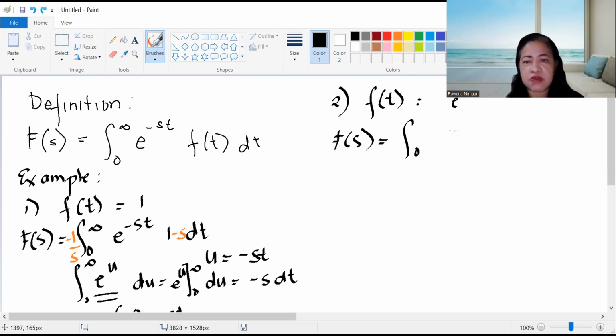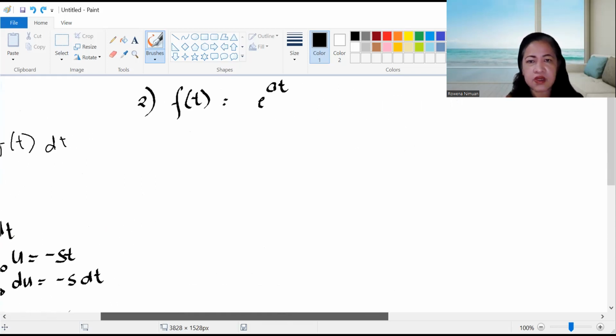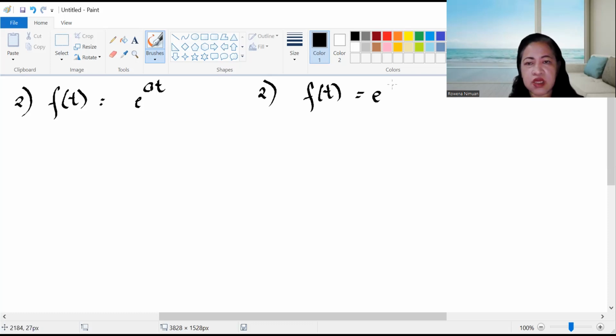I have a problem with my tablet here. Let's make use of another space. Number 2: what if our function of t is equivalent to e to the at?